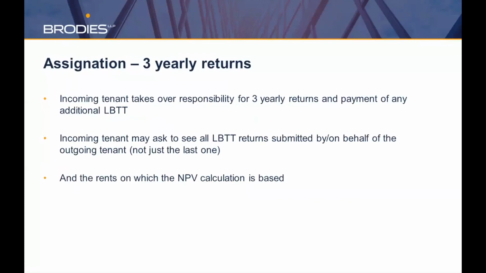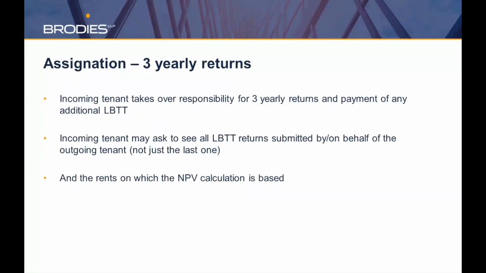This should put the client, first of all, in a good position to know whether there are any issues, but it also means that when the incoming tenant has to submit their next 3-yearly return, they know exactly what figures to use. And for the avoidance of doubt, the incoming tenant's next 3-yearly return is going to be based on what is in the outgoing tenant's assignation return.